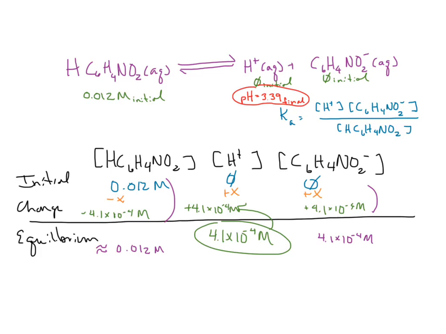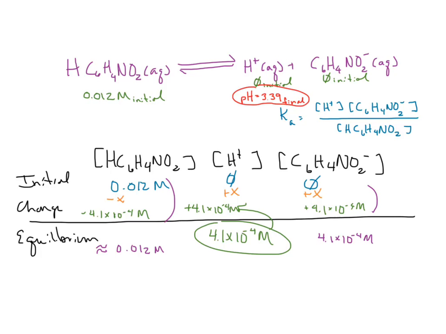Of course, we observed the change because of the pH of the hydrogen ion as a plus 4.1 times 10 negative 4th molar. That must also be the change of the C6H4NO2 negative, plus 4.1 times 10 negative 4th molar. And then for the change in the weak acid, it's going to be a negative 4.1 times 10 negative 4th molar. So we take the initial, apply the change.